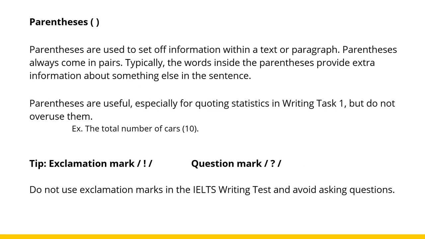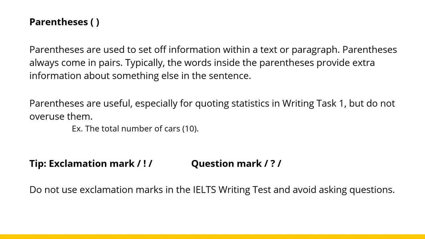And our final punctuation mark is parentheses. Parentheses are used to set off information within a text or paragraph. They always come in pairs, so make sure you use them both. And typically the words inside of them provide extra information about something else in the sentence. So remember to use parentheses, especially in your academic writing task 1 when you're providing data or some numbers. It can be really useful.